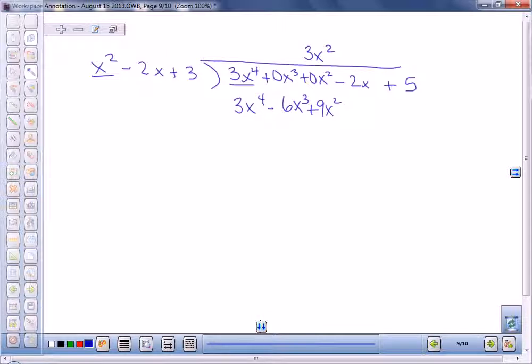Okay, and then we subtract. So what happens when we subtract? Changes all the signs. Change, change, change. So that leaves me 6x to the 3rd minus 9x squared. And since my divisor is a trinomial, I want to bring one down. So it looks like I'm dividing into a trinomial.